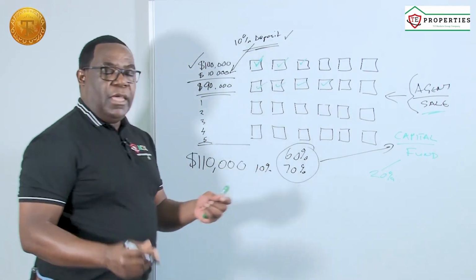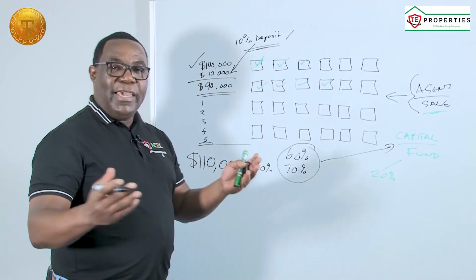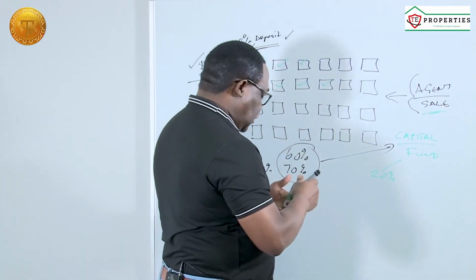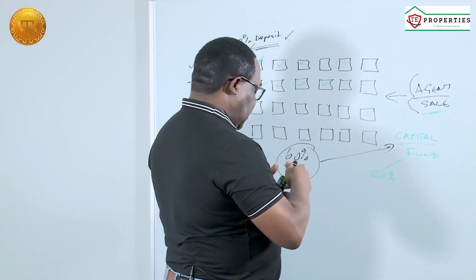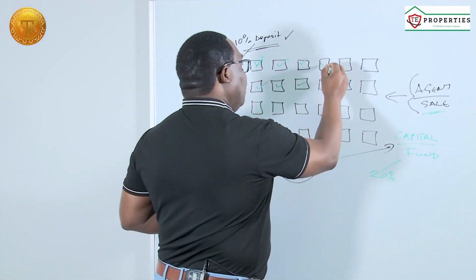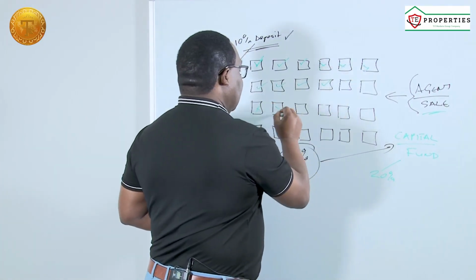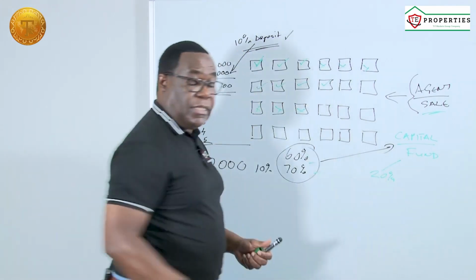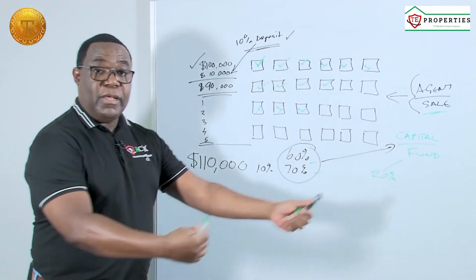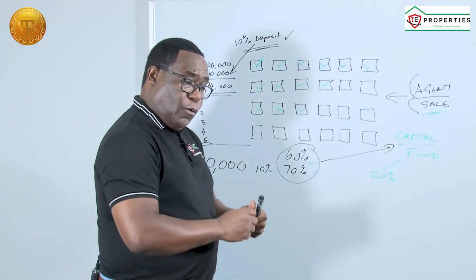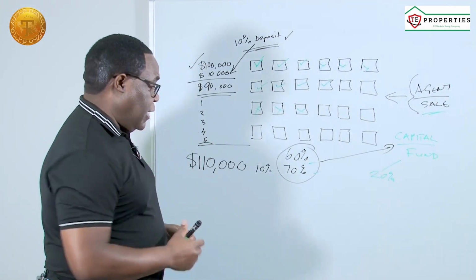This is designed to encourage as many people as possible to buy property off plan, so that 60-70% is achieved within the month, within the 45 days or the 60 days, whatever the case may be.